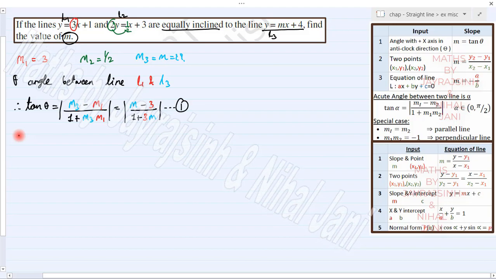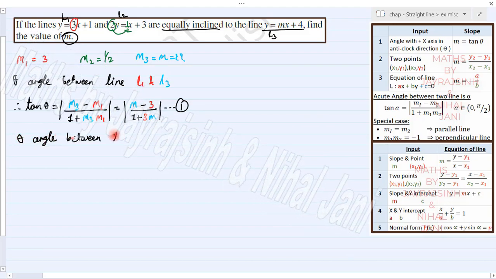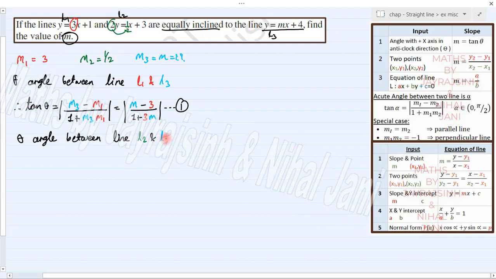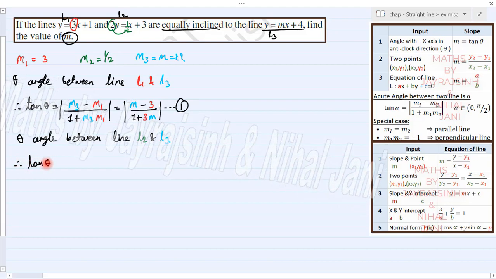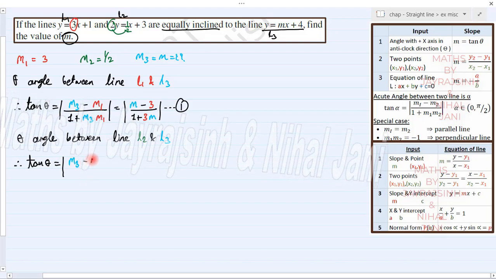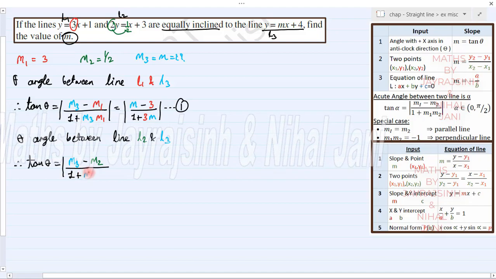Now we can say theta can be the angle between line L2 and L3. So we will get tan theta is equal to m3 minus m2 upon 1 plus m3 m2.